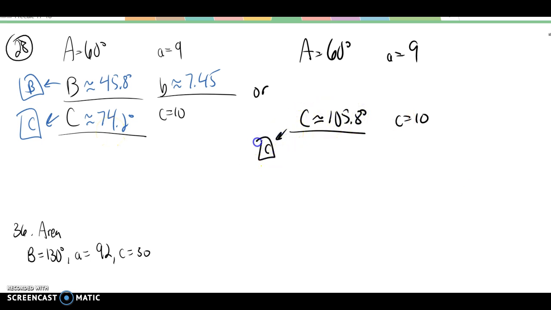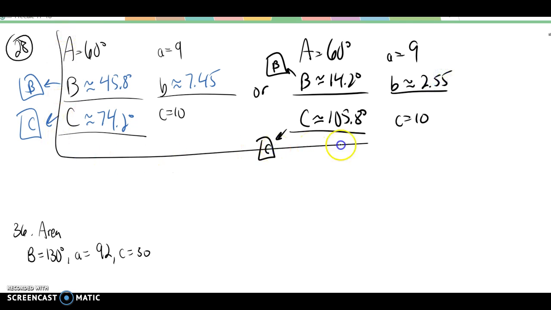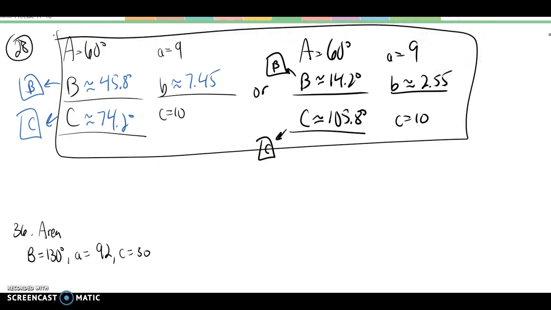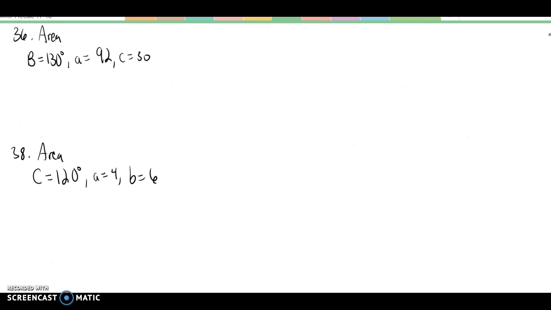Store this as your new value of C. And we can take 180 minus 60 minus that new C, and that gives us angle B at about 14.2 degrees. Store that as your new B. Sine of 60 over 9, sine of B over little b. Cross multiply and solve for little b, and we get about 2.55. So these are the two solutions for that side-side angle case.